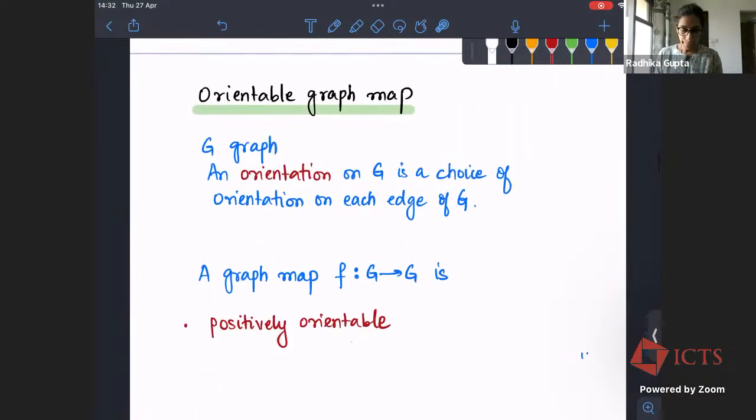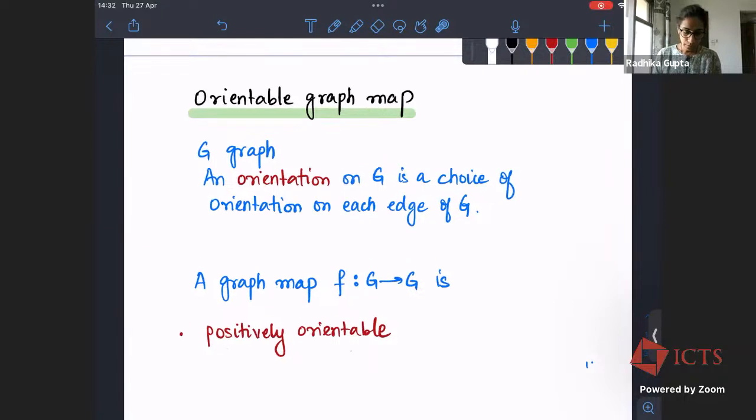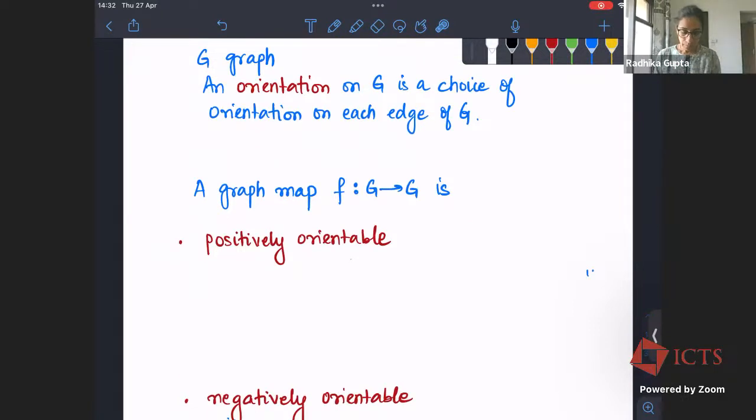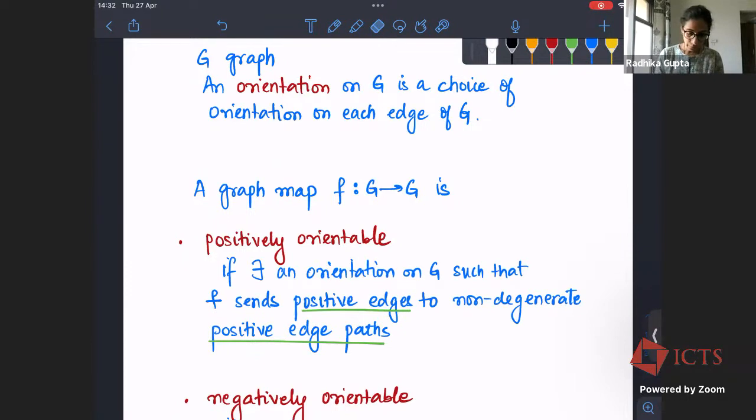Okay. Now the second thing, I need to tell you what it means for a graph map to be orientable. Let's start with a graph. An orientation on the graph is a choice of orientation on each edge. So that's those little arrows that I've been putting. I say a graph map is positively orientable if there is an orientation on G such that F sends positive edges to positive edge paths.